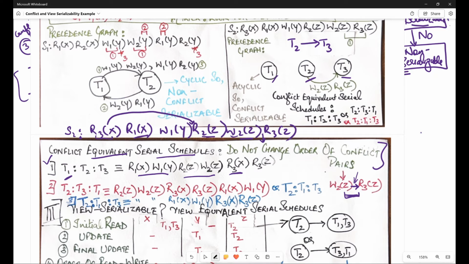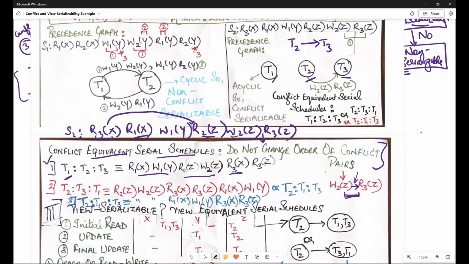I am obeying this order, so there should be no problem. The only possibility of conflict between R1 and R3 would have been this W and R, but both of them are on different items, so they also don't have any conflict. So I can easily move T1 operations towards the end. This is how you can arrange it.